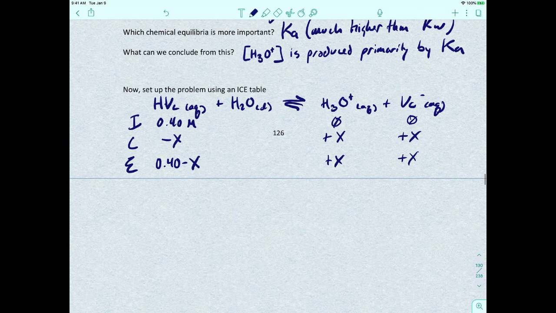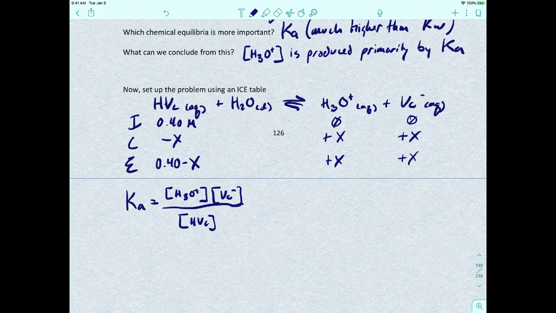All right. So if we were to write the acid dissociation expression, Ka, that would be the concentration of H3O+ times the concentration of ascorbate ion divided by the concentration of vitamin C. Or using our expressions, X for the concentration of H3O+ times X, the concentration of ascorbate ion, divided by 0.40 minus X. Okay.